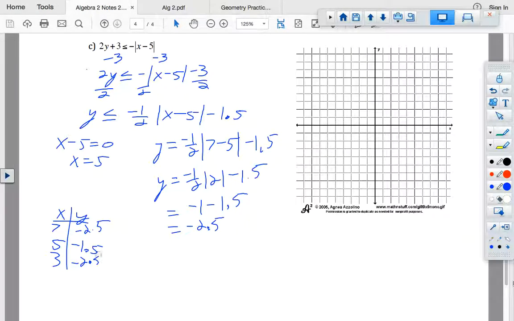I don't have time to do the 3-1, guys, so I'm rushing through that. I'm going to graph these. 1, 2, 3, 4, 5, 6, 7. 5 and -1.5. And 3 and -2.5. Okay? It's facing where it needs to face, going down.